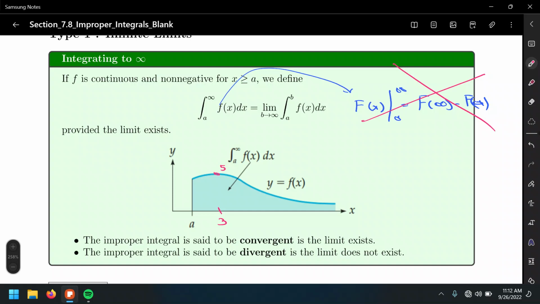So when we integrate from a to b, where b, the upper limit, is infinity, we turn this into a limit problem. Everything else will be exactly the same.